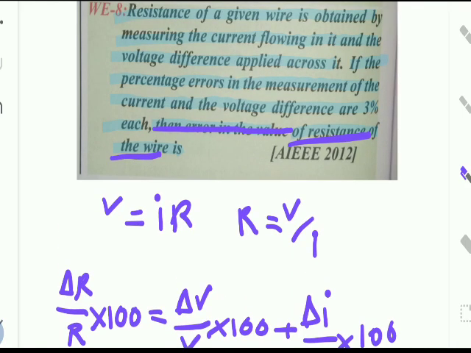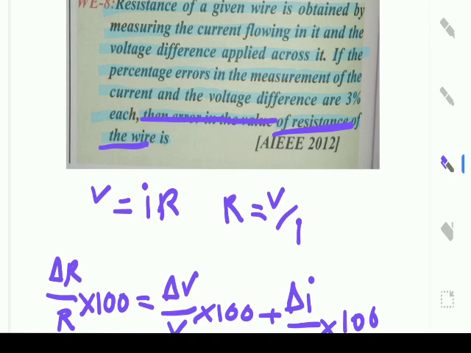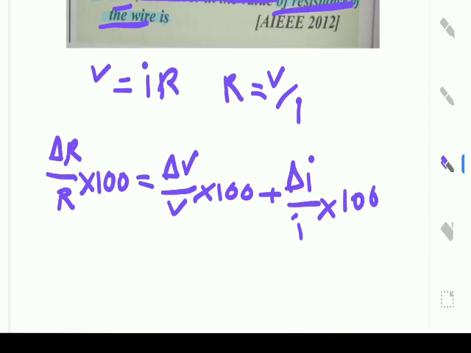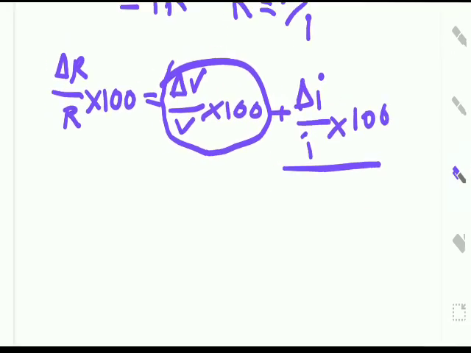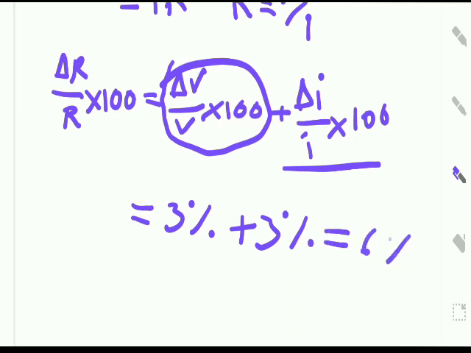So from this information, percentage error in the measurements of the current and voltage difference are 3% each. So this value is 3%. Again this value also 3%. So 3% plus 3% is equal to 6%, this is the answer.